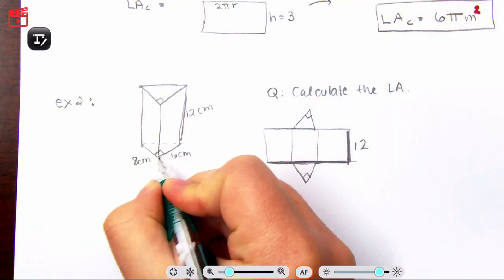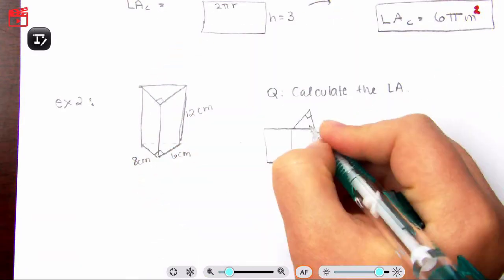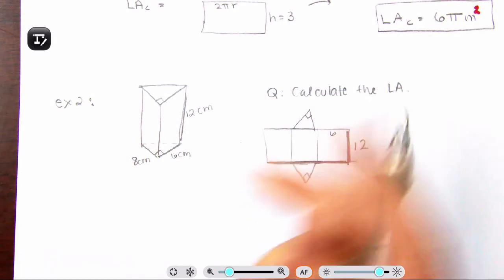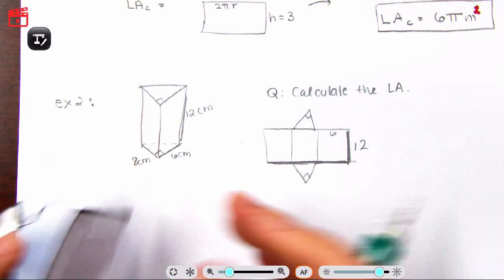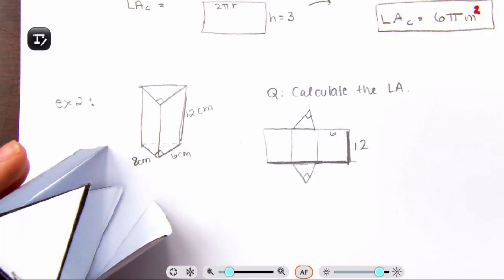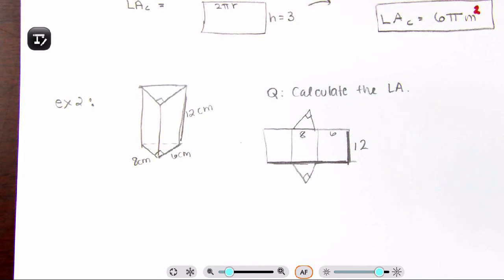This length right here was 6. This length right here was, I'm trying to see. If we are holding the triangle this way, so this is 6, this is 8, and we don't know what the back side is. Ultimately, it doesn't matter because I'll show you what we're going to do.